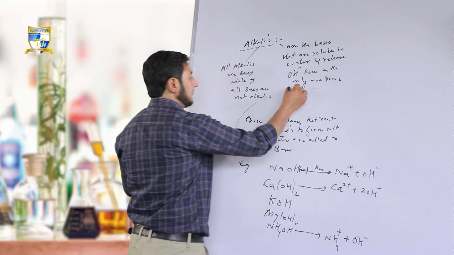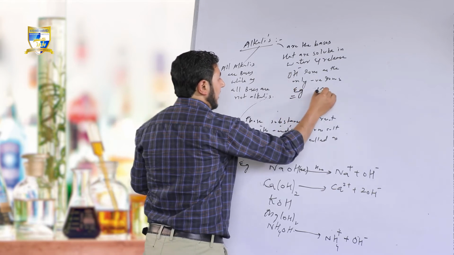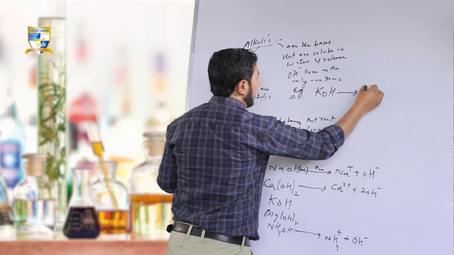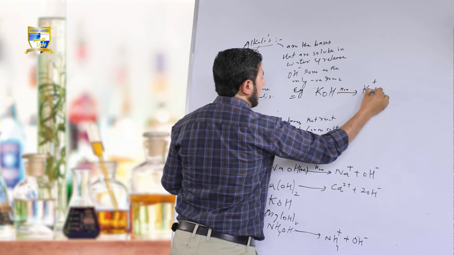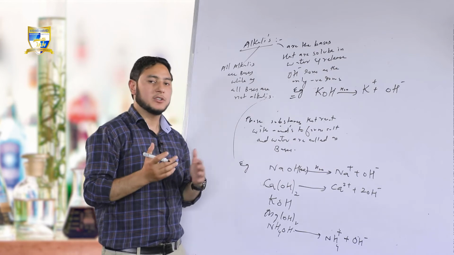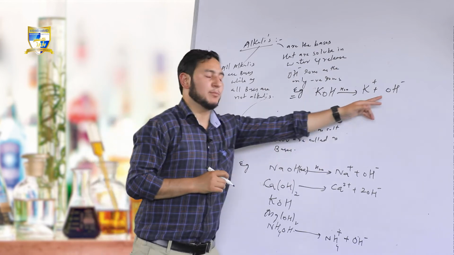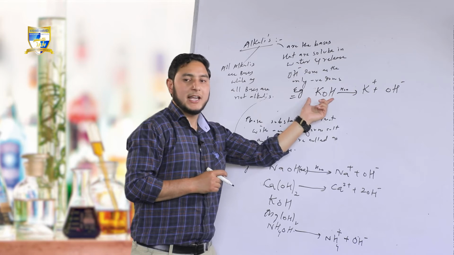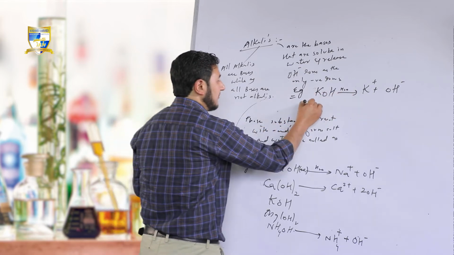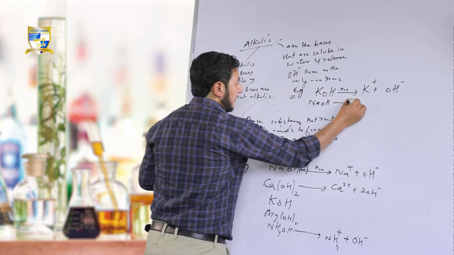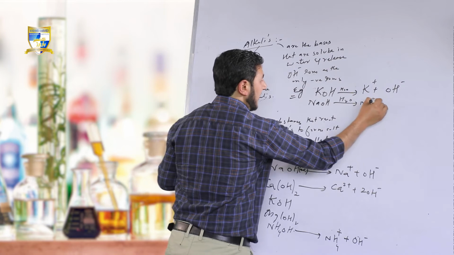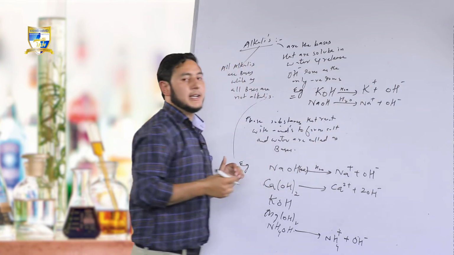Example, KOH, potassium hydroxide. When dissolved in aqueous solution, it forms K positive and OH negative. That is, OH negative ion is the only negative ion produced by potassium hydroxide when dissolved in aqueous solution. Likewise, we have sodium hydroxide. When it is dissolved in water, it forms sodium positive ion and OH negative ion.